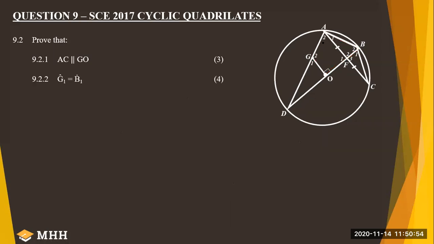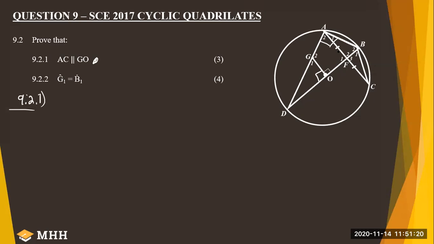Okay, next one. Prove that AC is parallel to GO. Right, so the first question you ask yourself is when will it be parallel? When will AC be parallel to GO?